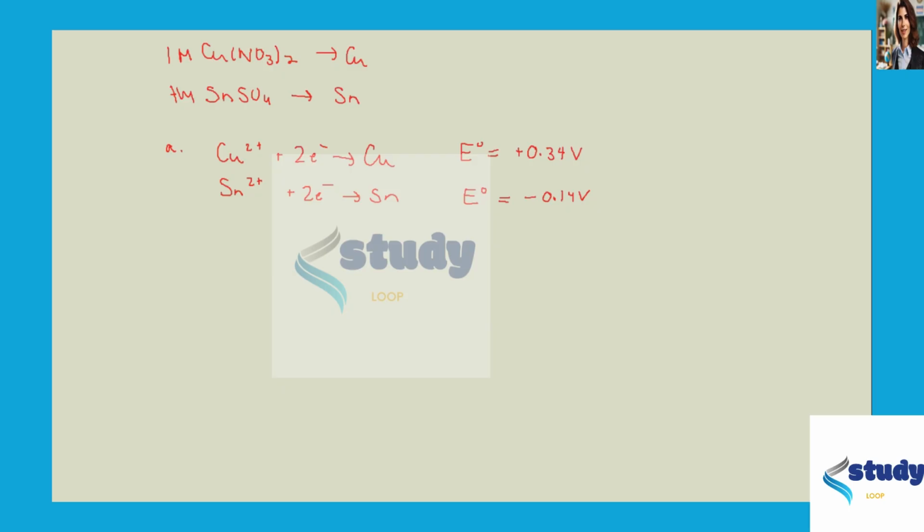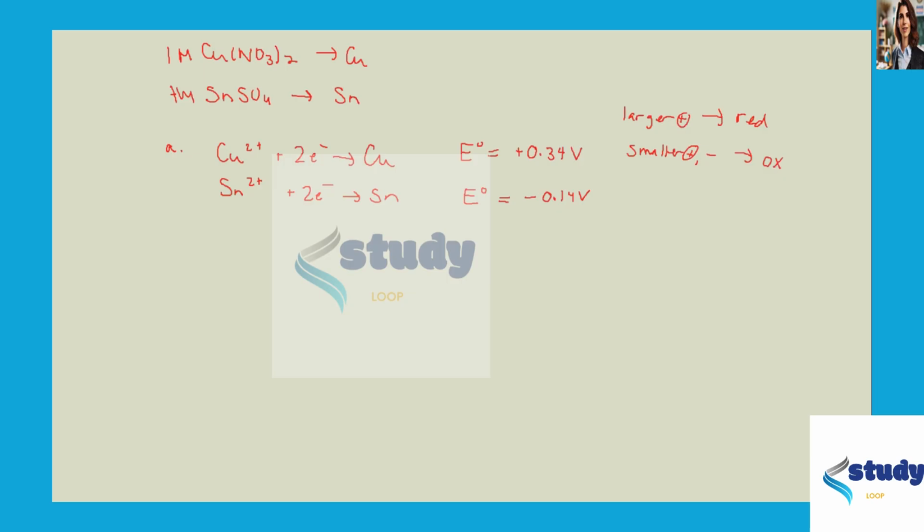So the question is, which one is being oxidized and which one is being reduced? Whichever one has the larger positive value on a reduction potential list is the substance that is going to be reduced. Whichever one has the smaller value, or actually has a negative value, is the substance that is going to be oxidized.